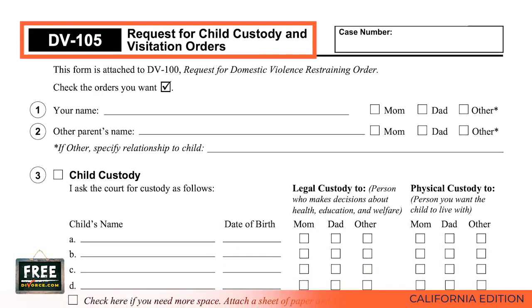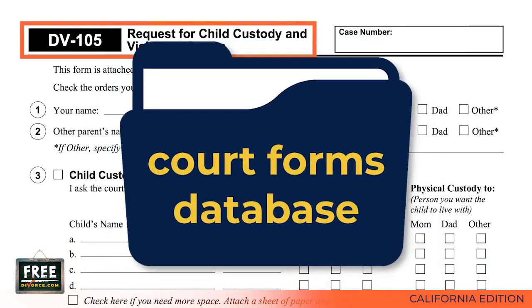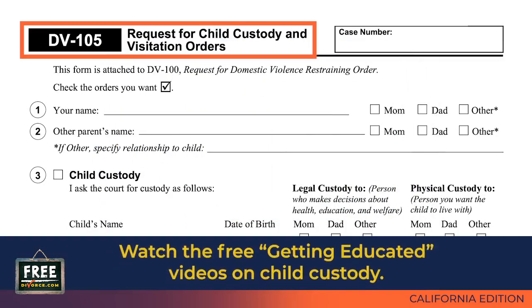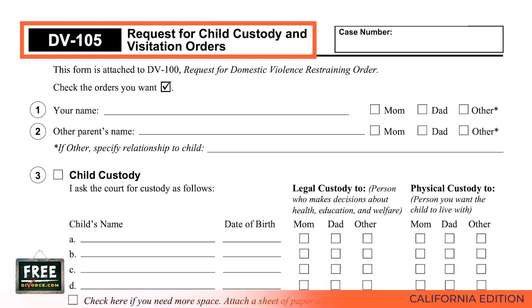This form can be found in our court forms database. If you are going to ask for child custody or visitation orders, we recommend that you watch the child custody videos in our Getting Educated series of videos. Those videos will educate you on the differences between legal custody and physical custody, as well as other legal concepts related to child custody orders.